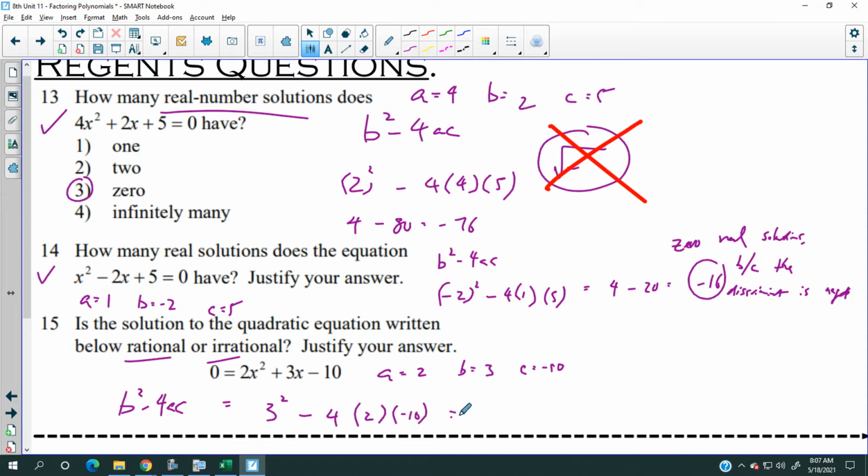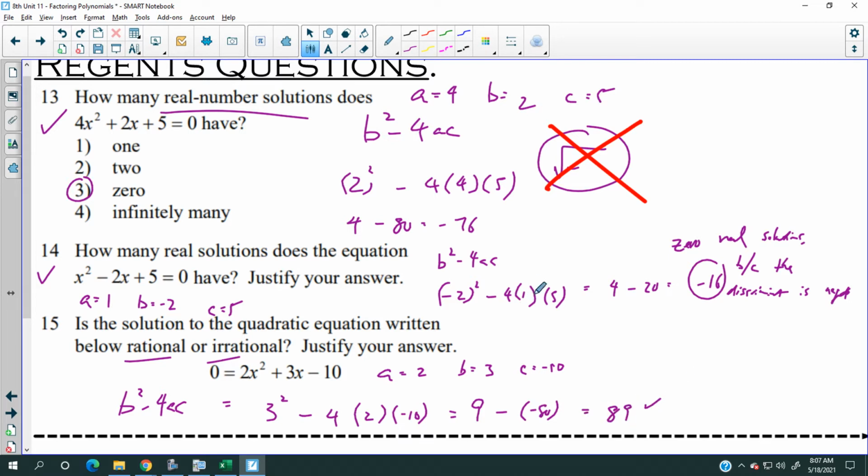I have a feeling it's going to be this gigantic positive number. 3 squared is 9 minus, 4 times 2 is 8, 8 times negative 10 is negative 80. So that's 89. So that's positive.